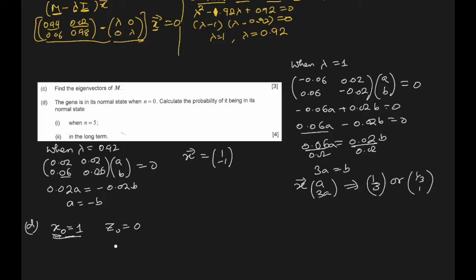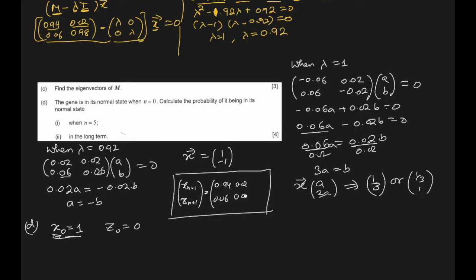Okay, so we will use the formula they gave us. Let me write it here. It was xn plus 1 and zn plus 1 equal to the matrix M, which was 0.94, 0.06, 0.02 and 0.98, times xn and zn. Now in place of this xn, which is x0, we will put 1.